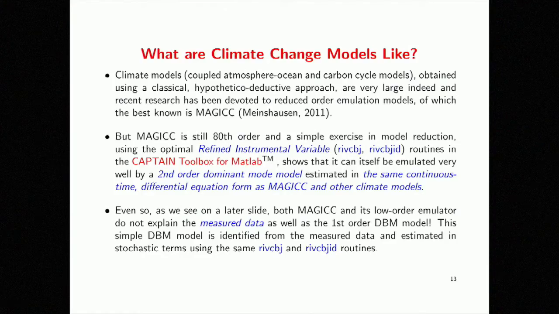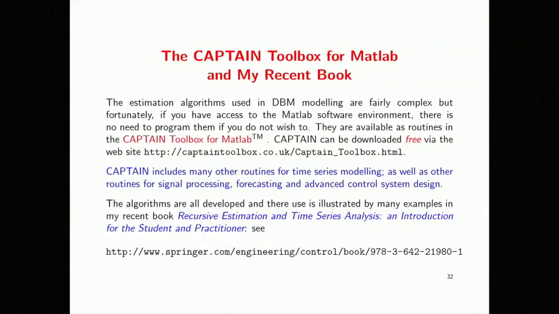I know from my experience over a lifetime that 80th order is too high. And I know from these data you are not going to be able to estimate the parameters in an 80th order model from the data you've seen. No way. So I'm going to emulate their emulator. You've got a clue to what it is, because I said earlier the second order model was the model that did it.